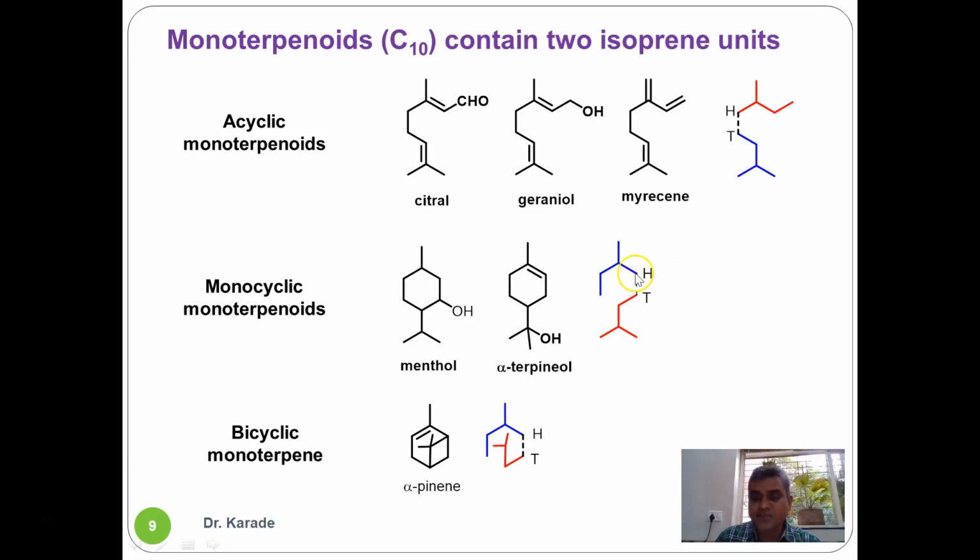Here also the head is connected to the unbranched portion, the tail. So in monoterpenoids we find at least one head to tail linkage. Here you do not find head to tail linkage, and here also there is none. But please note that when we discuss the biosynthesis of monoterpenoids, we will realize that in the beginning of the enzymatic transformations, head to tail coupling occurs first, and through other enzymatic transformations cyclizations occur.